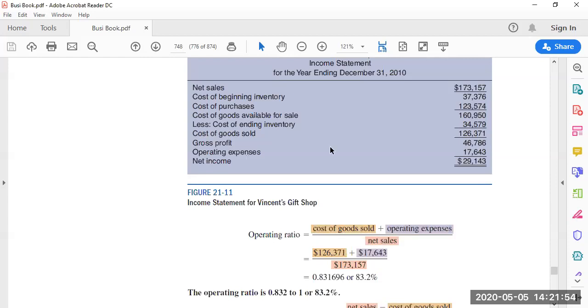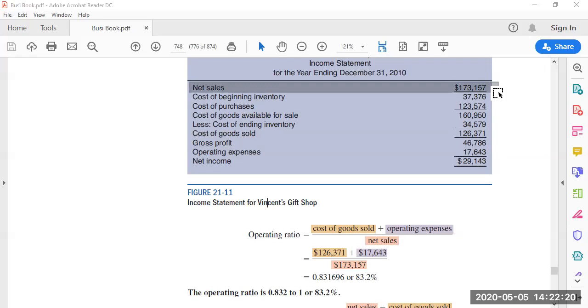So from our income statement, we can take our cost of goods sold, this amount, add to that our operating expenses, and then divide that amount by our net sales. That will give us our operating ratio.